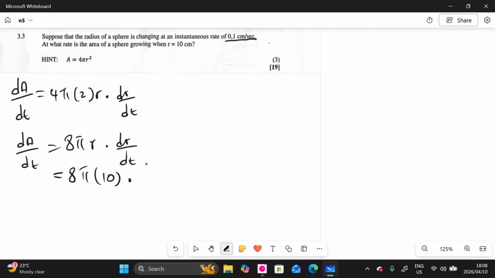And then the rate of the radius there is 0.1. If you put this on your calculator, your answer is going to be 25,133 centimeters squared per second. Do not forget, guys, it's centimeters squared because we are calculating the rate at which the area changes.